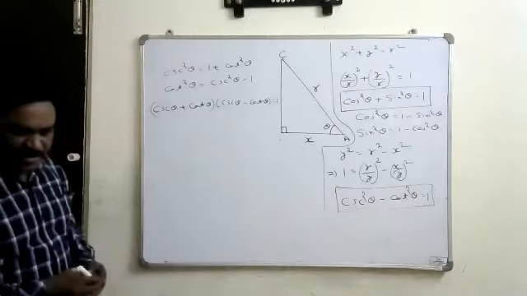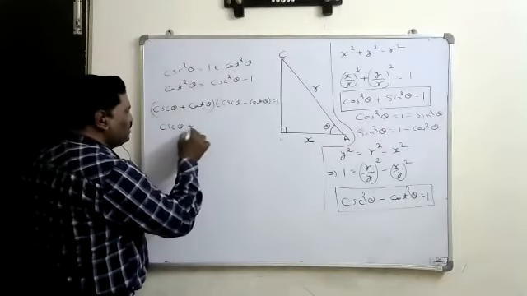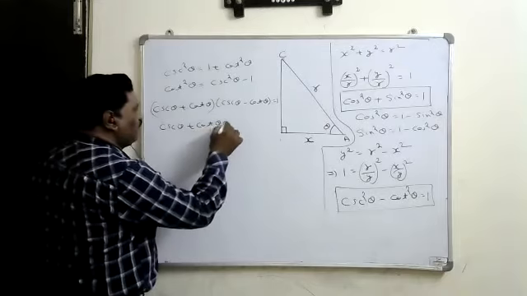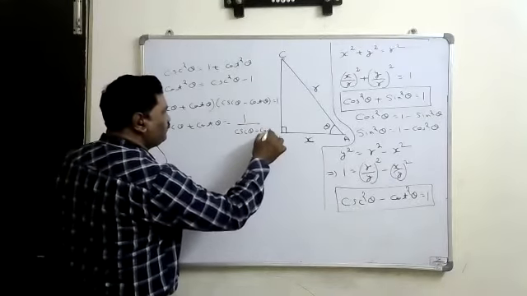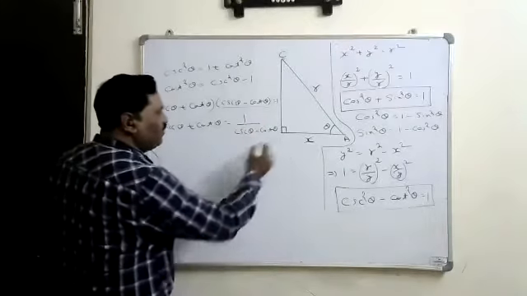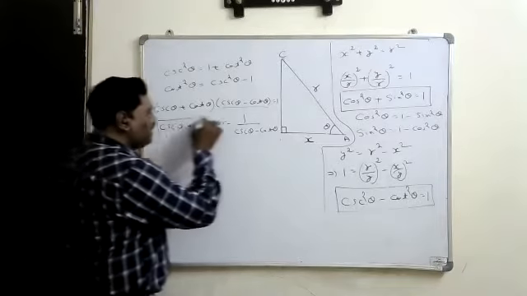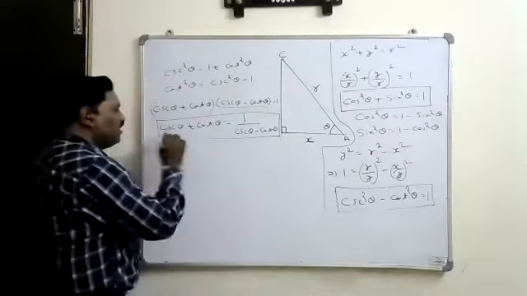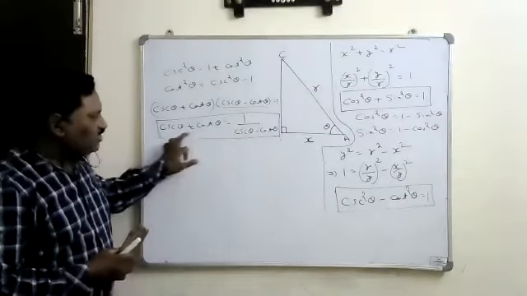So like that also we can write it. From this, cosecant theta plus cot theta is equal to 1 by cosecant theta minus cot theta. If the term goes to the other side from a product, it goes to the denominator. So from this you can understand that cosecant theta plus cot theta and cosecant theta minus cot theta are reciprocal to each other.